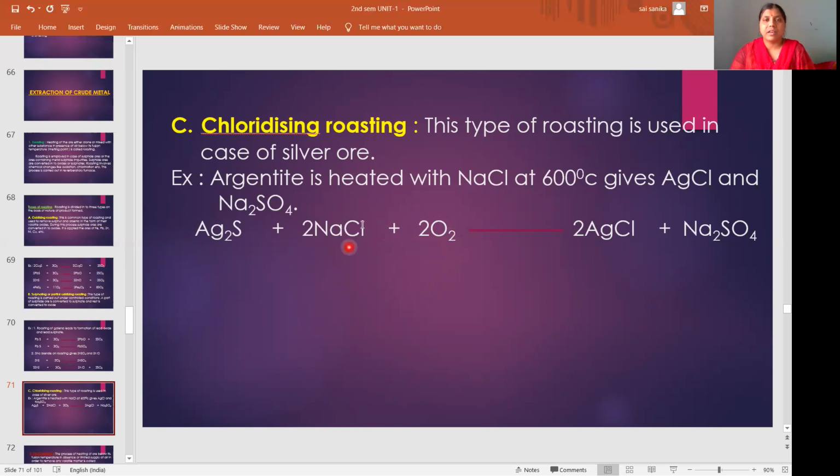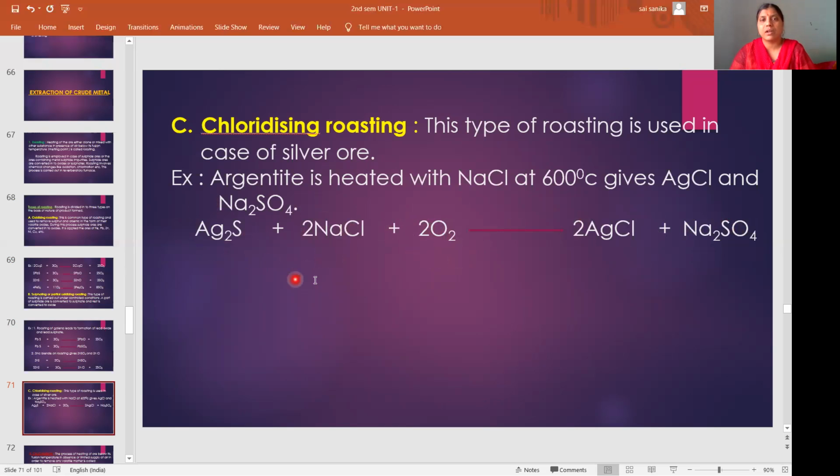Here we are adding sodium chloride and heating in the presence of oxygen. So this is silver sulfide, NaCl and oxygen. It is converting into silver chloride and sodium sulfate is forming. So this is also a roasting, that is chloridizing.